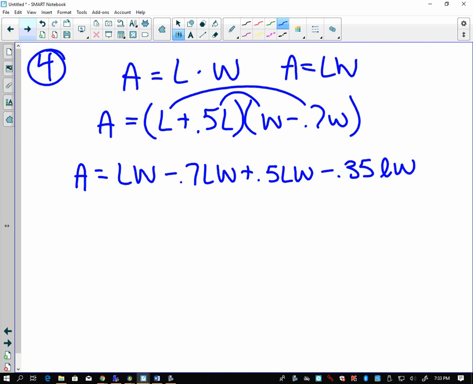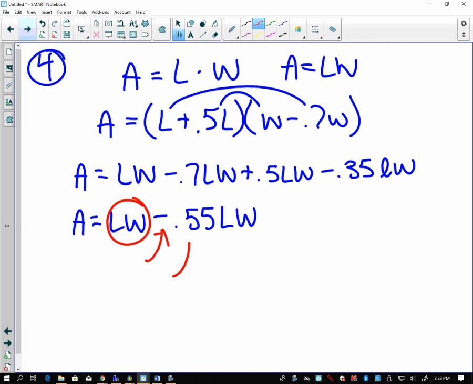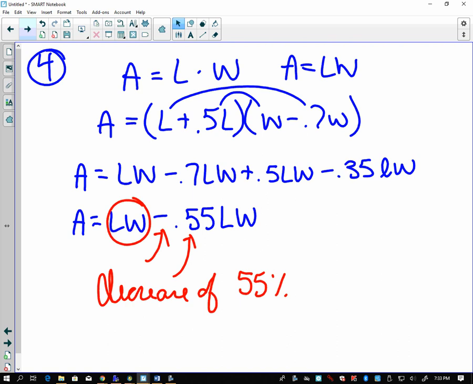All of those LWs allow me to combine like terms. So I get LW, and whenever I combine all of that, I get minus 0.55 LW. So what's happening is that the original area is being decreased by 55%. You can do it like that, if that makes sense to you.